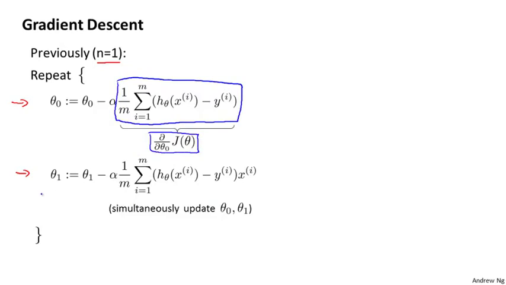Similarly, we had a different update rule for the parameter theta 1. There's one little difference, which was that when we previously had only one feature, we would call that feature x i, but now in our new notation, we would call this x superscript i subscript 1 to denote our one feature. So that was for when we had only one feature.